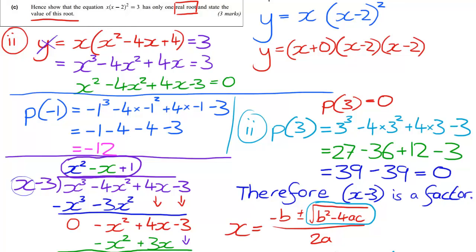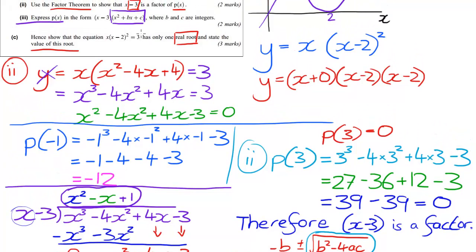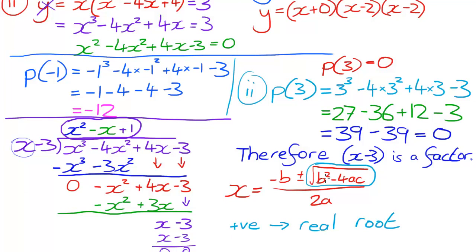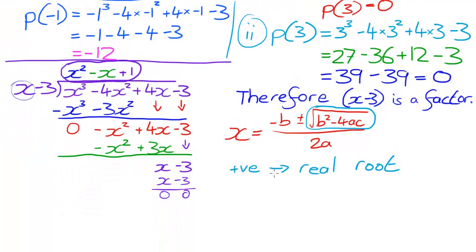So we have an x minus 3, hang on, let me go up a little bit. We have an x minus 3 here, and we have a quadratic here. So let's put the quadratic's values into this b squared minus 4ac, and see what we get. Because if we do that, so if we say b squared minus 4ac, well, what's that going to be?